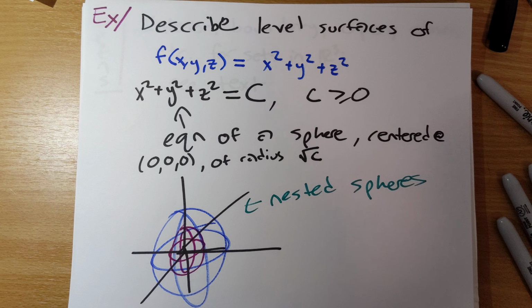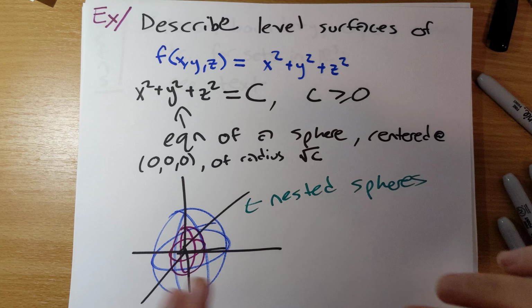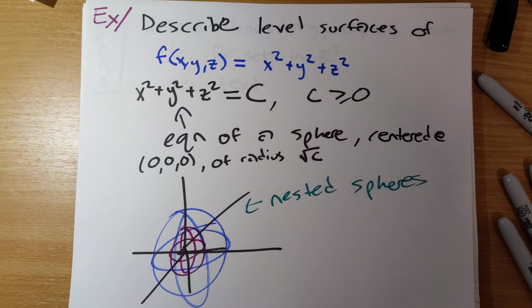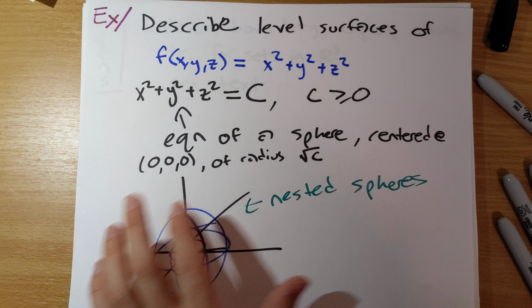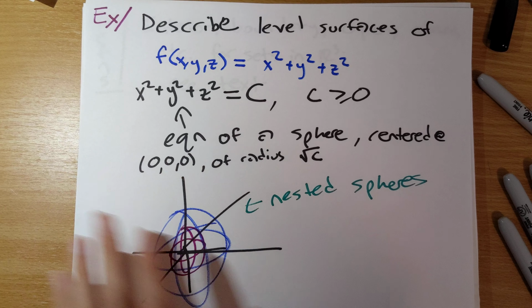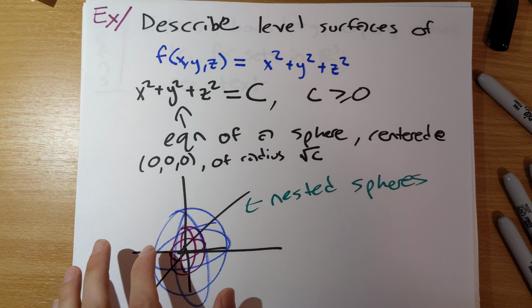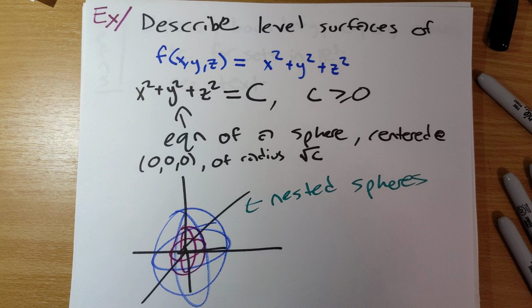In contour maps of functions of two variables, we should be able to draw our contours without intersecting in most cases. They won't be overlapping each other here. That's impossible when we're trying to draw these three-dimensional surfaces, three-dimensional spheres on a piece of paper. It's going to get a little bit messy.